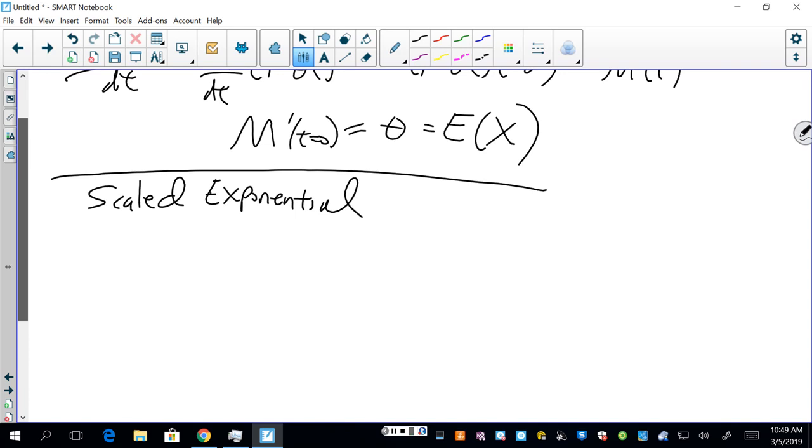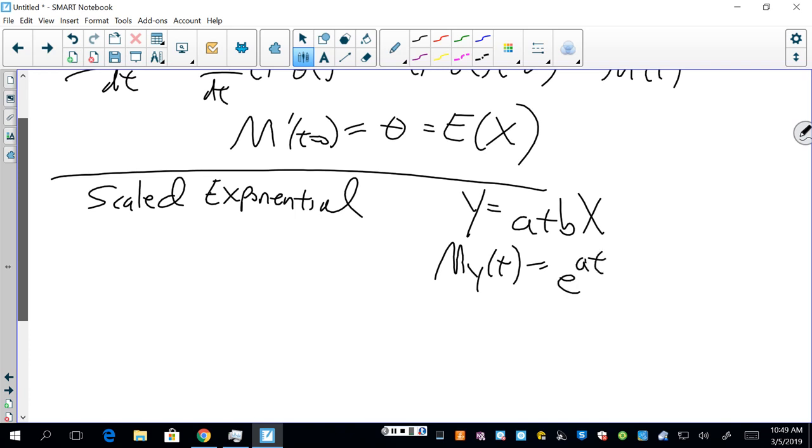If you have a random variable and you add something to it and multiply it by that, the moment generating function for the new variable is calculated as e to the at times the moment generating function of x at bt, like a scale.